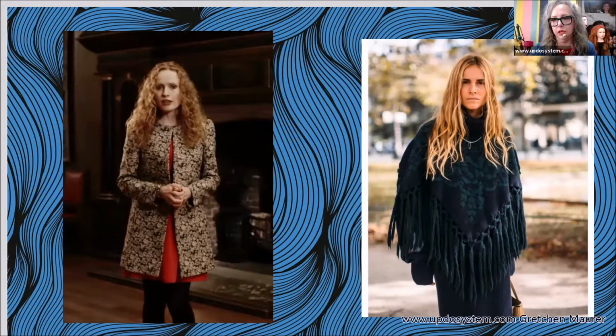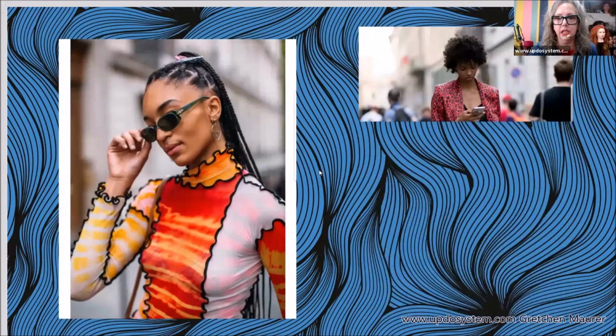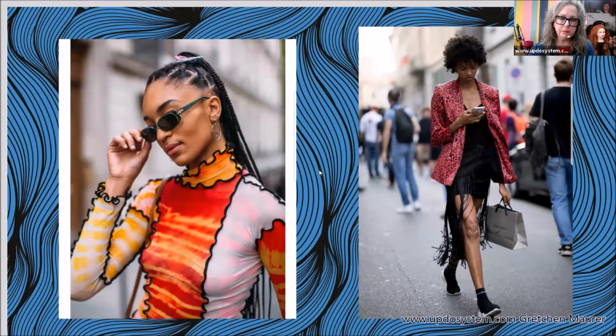And then you can see the girl on the right, how her stringy hair kind of matches her stringy jacket. Your client subconsciously will reach for things that mirror what she sees in the mirror every day, and they don't realize that. So those are clues for you to be able to give something that the client's going to like.